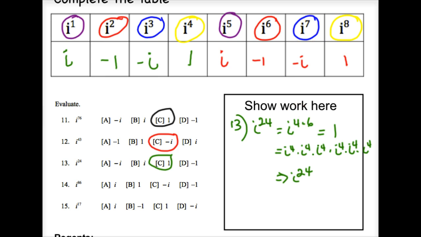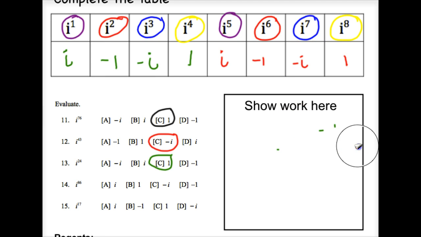86, but let's clear this up. i to the 86. The point of this is just for you to evaluate these i's. This is number 14. i to the 86. First you want to see, is 86 a multiple of 4? Nope. So you know that, what's the number? Again, do like our scoop. 86 divided by 4 is going to give you 21.5.